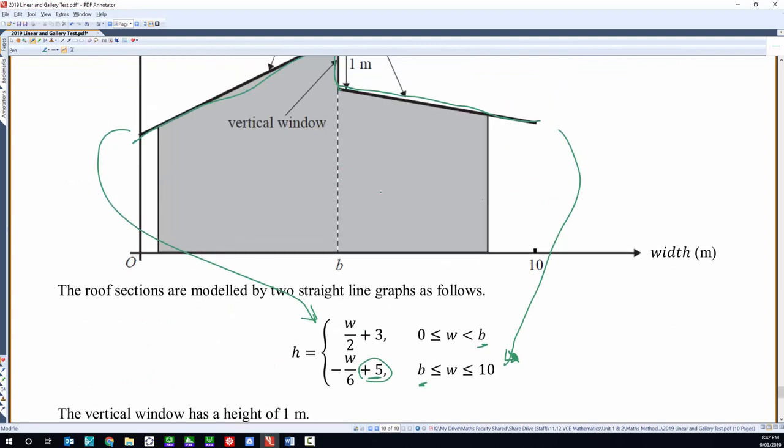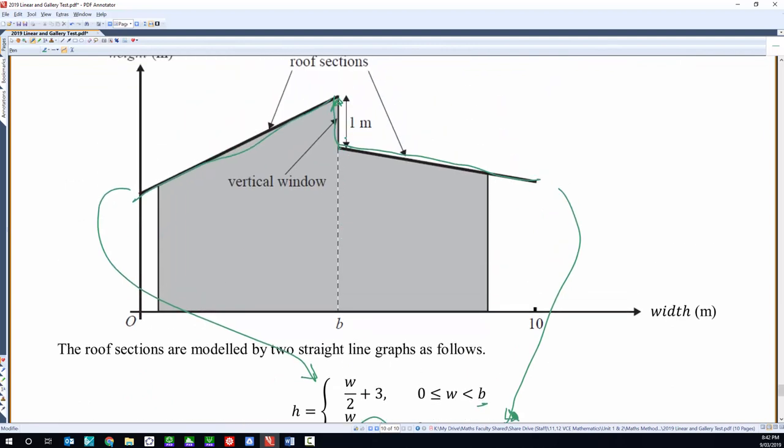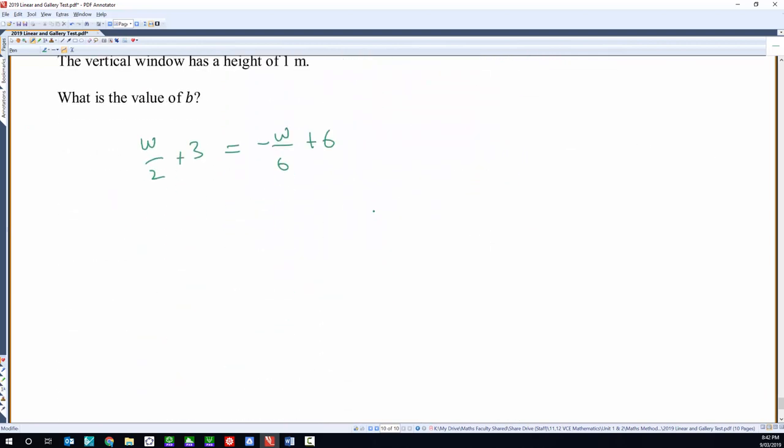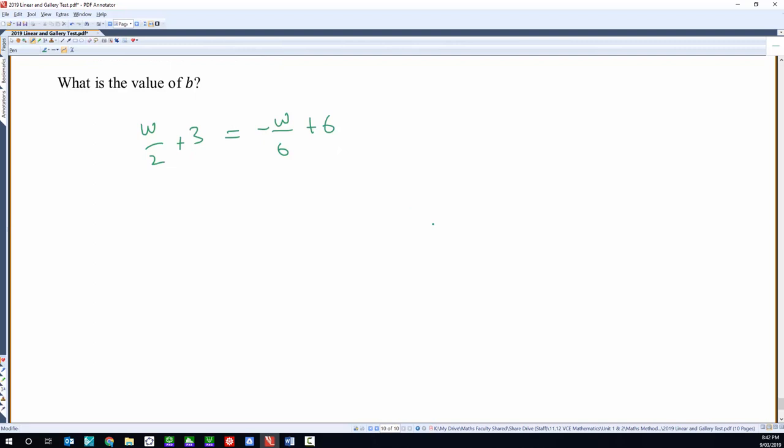Okay, now note that that's going to be the width value here, at that particular height, whatever it is, and then what we're going to do is just say that that is going to be the b value. So let's just do the arithmetic on this. We've got w on 2 equals negative w on 6 plus 3. Now, how am I going to do this?